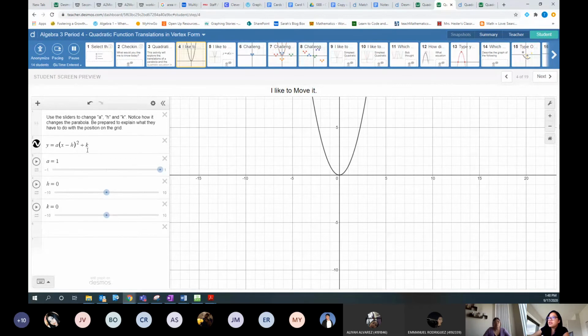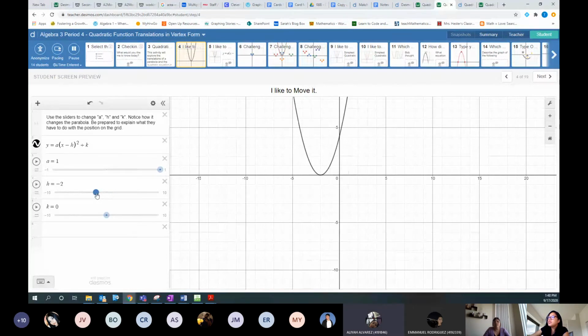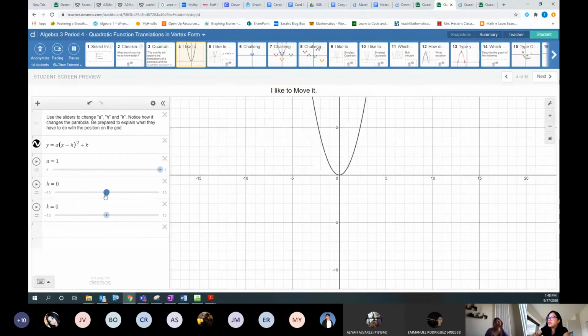So there are two numbers here, the H and the K. H is inside the parentheses. It's the opposite. And it goes left and right, horizontal. Very good. So it depends on the signs too, right? If it's positive, it goes to the right. If it's negative, it goes to the left.